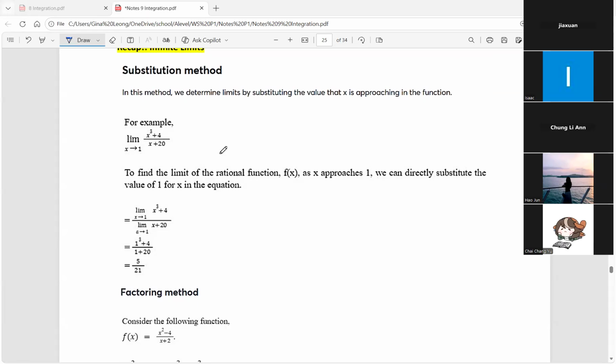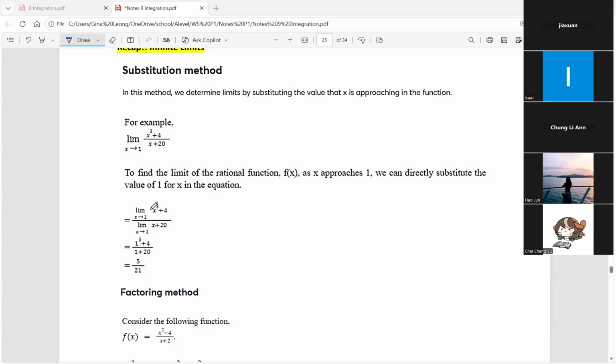Limit means that my x value is approaching 1, meaning it is nearest to 1. We can say it approaches 1, meaning the value will go very close to the value of 1. So I can assume that the x value is 1.